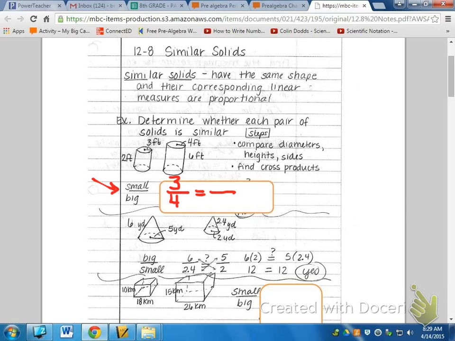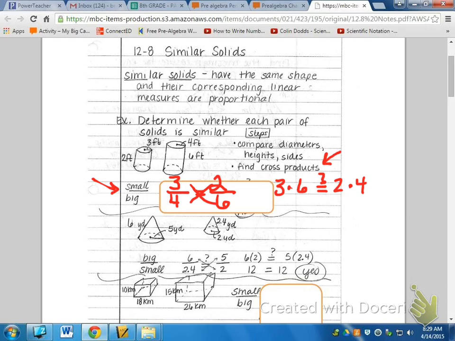And then I go back to the small cylinder, and the only other measurement is the height, so that would be 2 on top. And what does that match from the larger cylinder on the bottom? 6. Now the last thing says find cross products. So I do this cross thing, and I would have 3 times 6, and I want to know, does it equal 2 times 4?